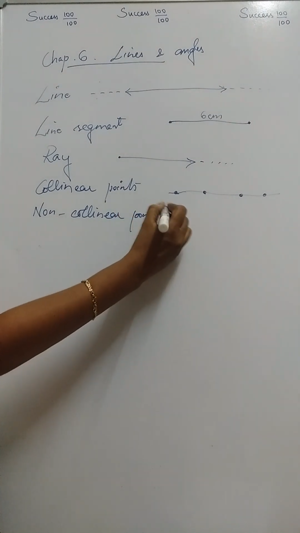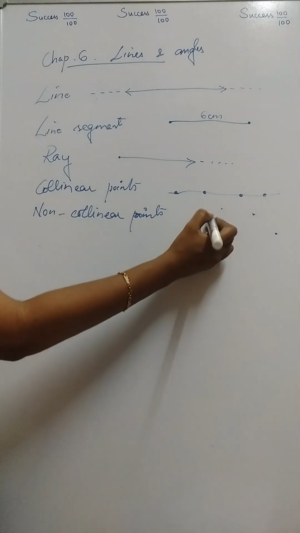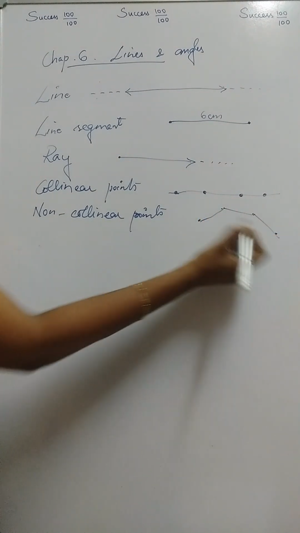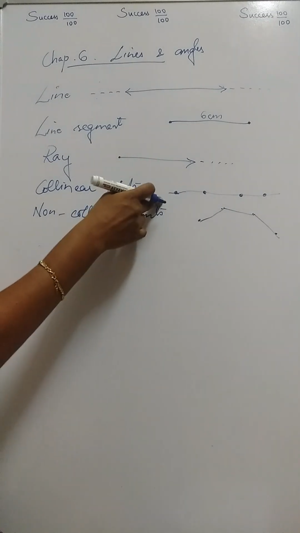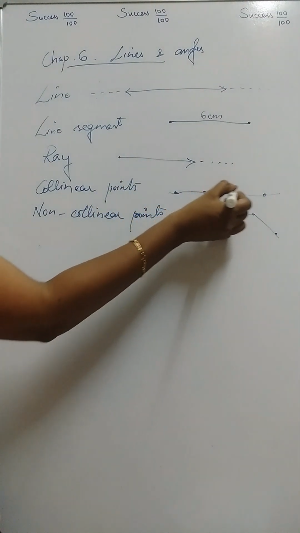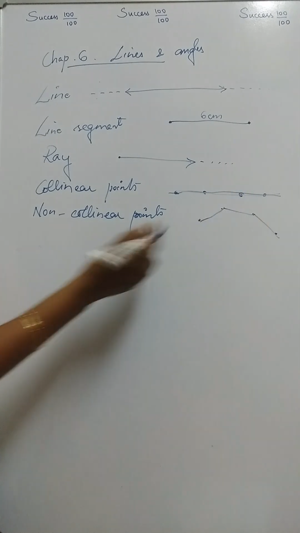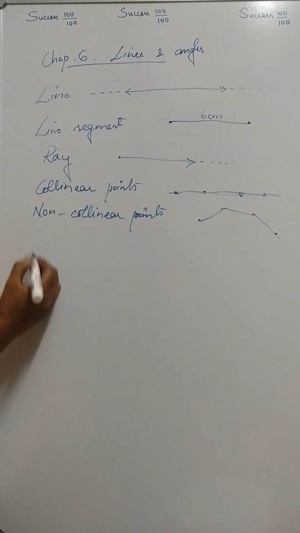Non-collinear points are the points that do not form a straight line when they are connected. Collinear points, when all the points are connected, form a straight line, even though it is not drawn straight. Whereas non-collinear points do not form a straight line.